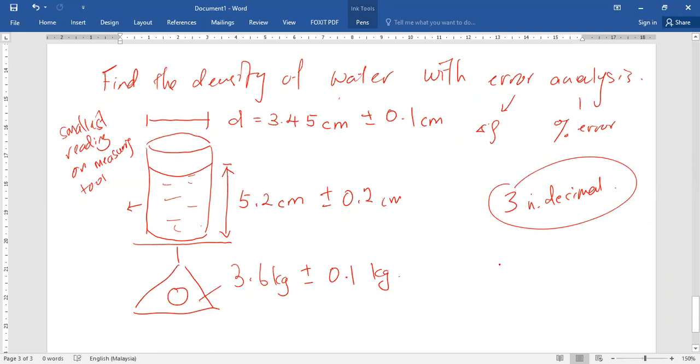If the density we calculated is, let's say, 1.234567, we use this rule, that means 3 decimal places, so it should be 1.235.